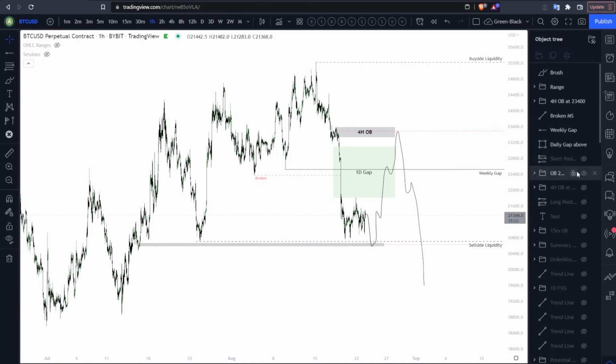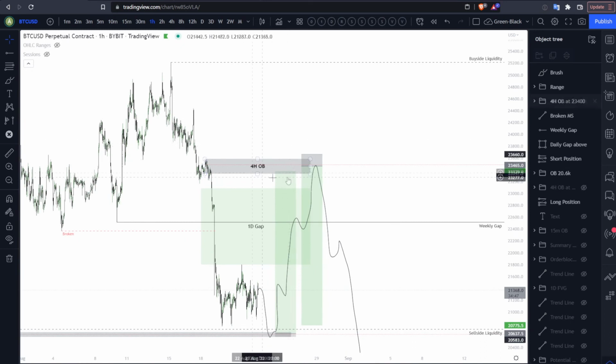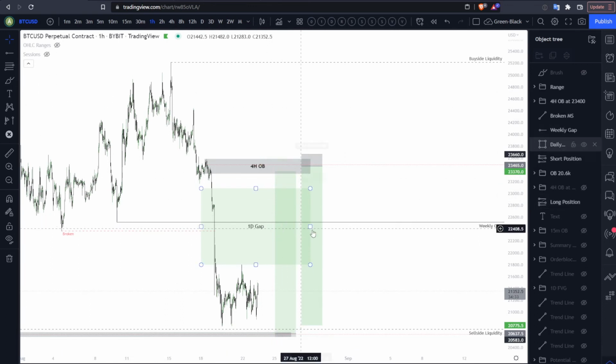So what I'm preparing for is a long position from this unmitigated order block in case we are going lower, and then a short position either from this 4-hour order block, or alternatively I will look for a market structure change in case we are arriving here to a daily to a weekly gap closure.